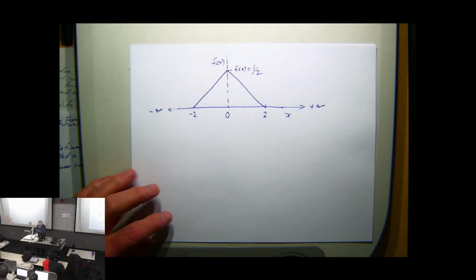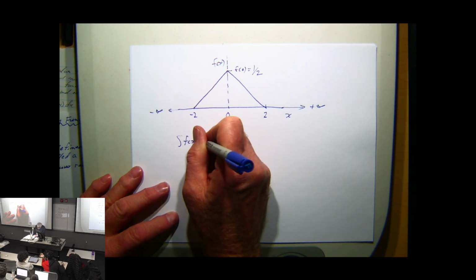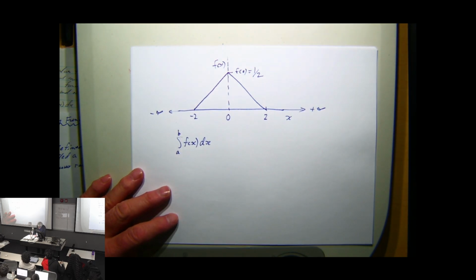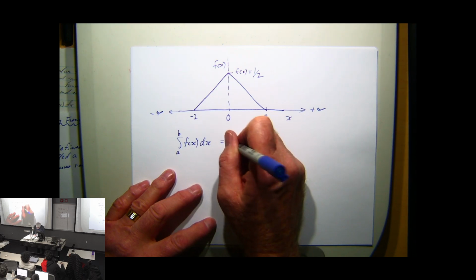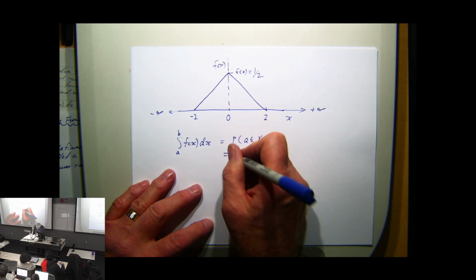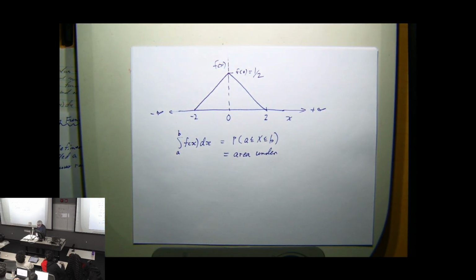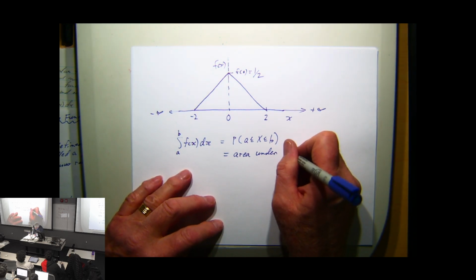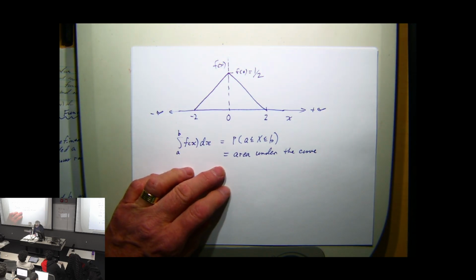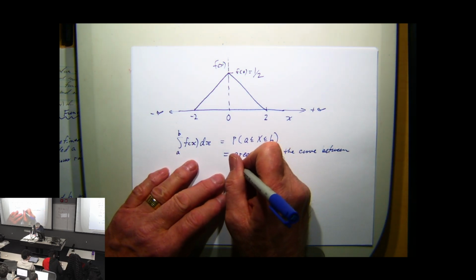The integral of f of x dx from A to B, yes, we have said it's the probability A is less than or equal to X is less than or equal to B, and that translates to the area under the curve between points A and B.